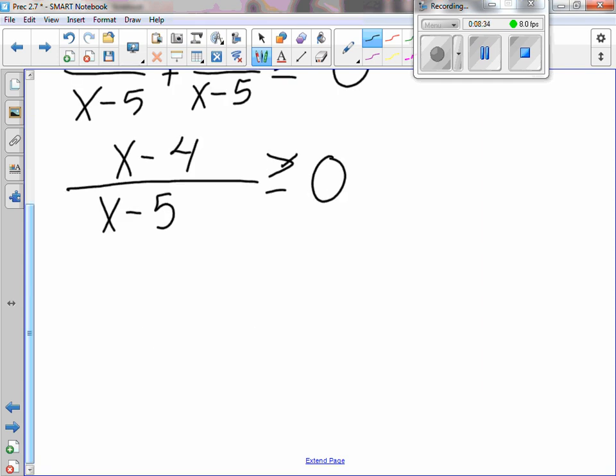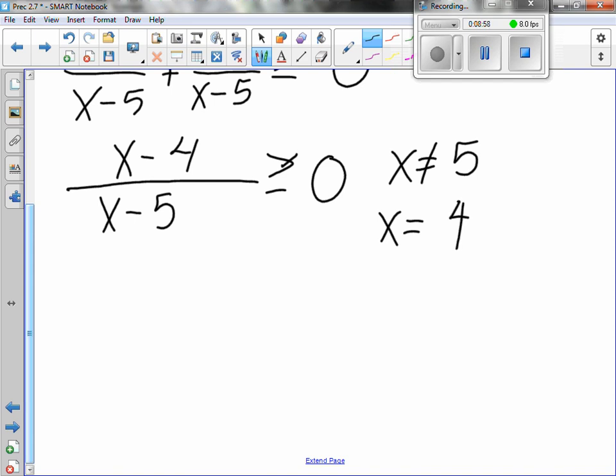So the denominator tells me what? X cannot equal 5 because that is a vertical asymptote. X minus 4 tells me x is equal to 4, because 4 minus 4 would give me 0.